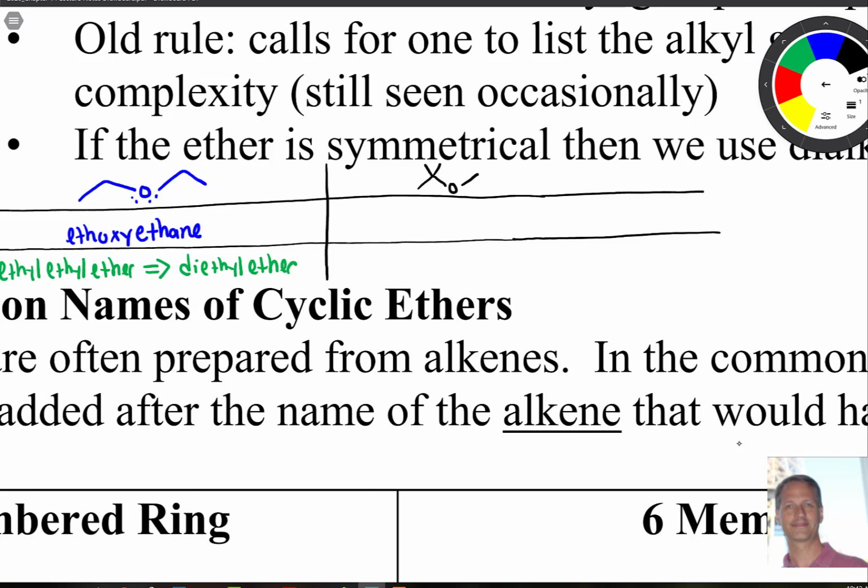All right, so let's do IUPAC name on this. Well, what's the longest carbon chain here? To me, it looks like you got 1 carbon, 2 carbons, 3 carbons. So that's your longest carbon chain. We could go the other direction too, like this, but that still gives us 3 carbons.